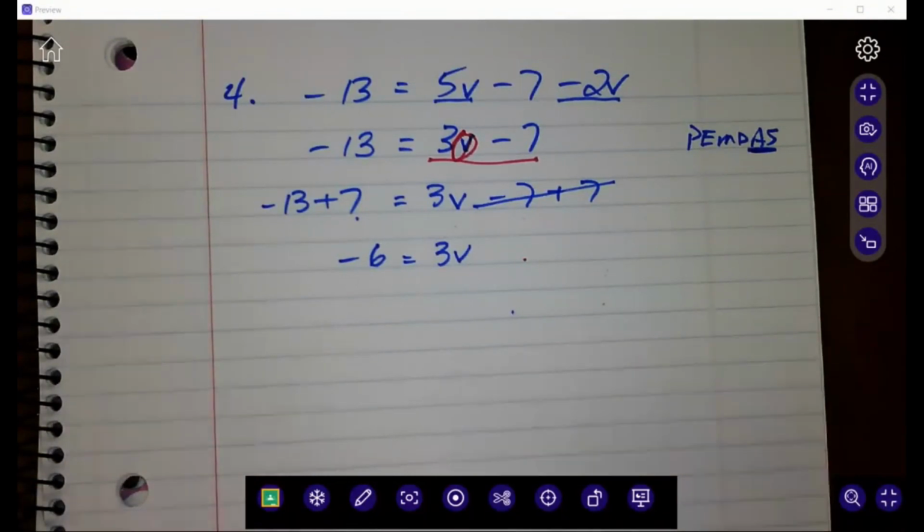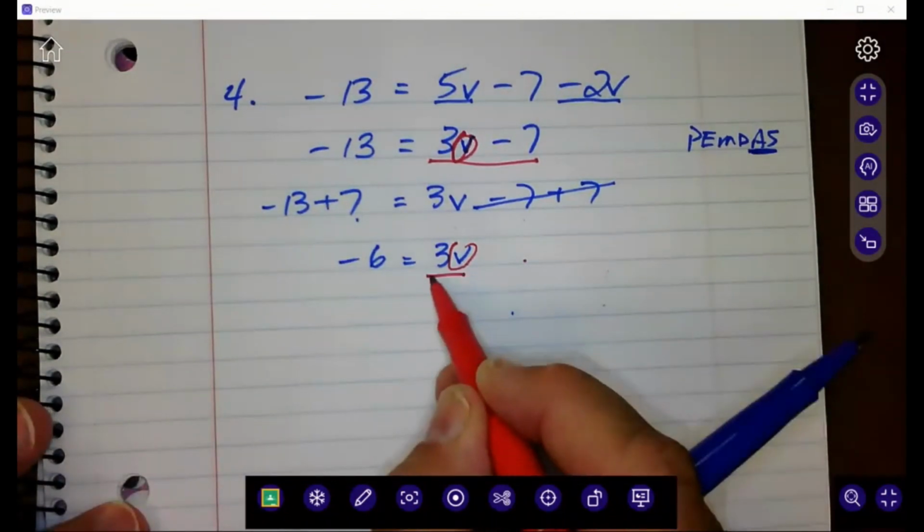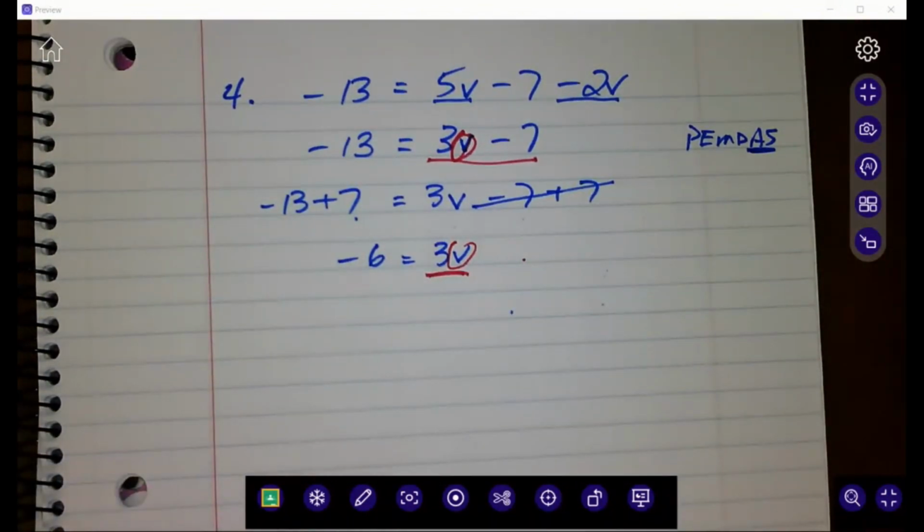We're still focusing on the variable. I'm only concerned with this side of the equal sign. That 3 is being multiplied by the v. How do I undo the multiplication?